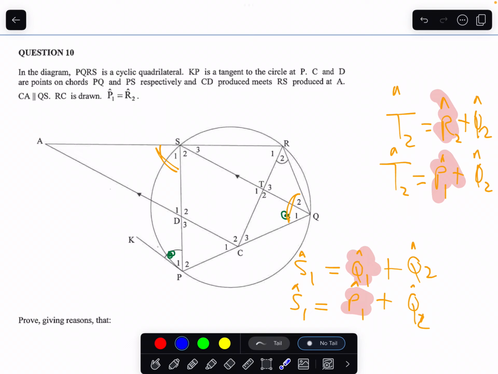T2 is the same as these two added together, but this is also the same as P1. So T2 is also the same as P1 plus this guy. Okay, nice. Well, that's a very nice and clean proof.